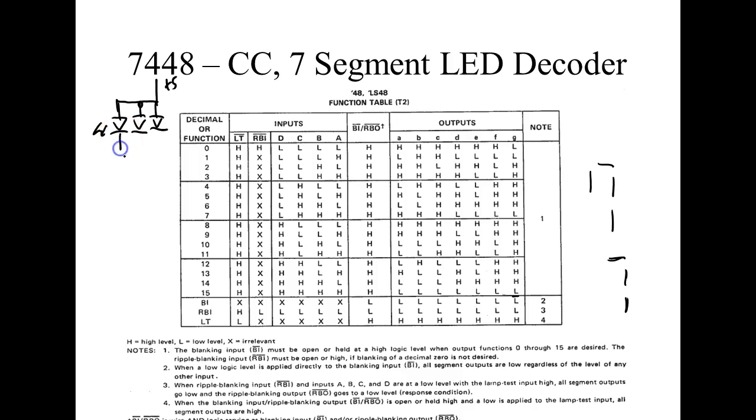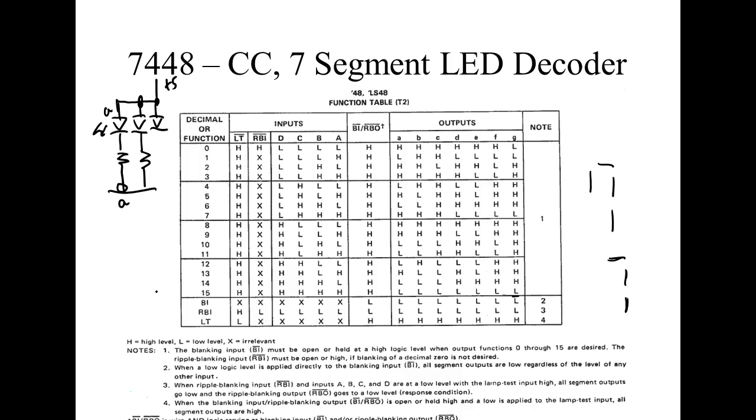Of course, what I'm going to do on this one is I'm going to put a resistor right here. Now, you see sometimes they'll put one resistor right here, but the problem with using one resistor is the more segments you turn on, the dimmer it gets, right? That makes sense? So most of the time we'll put a resistor on each of them. And if that's the A LED, then what I would do is I would hook it up to the A output on the 7447.